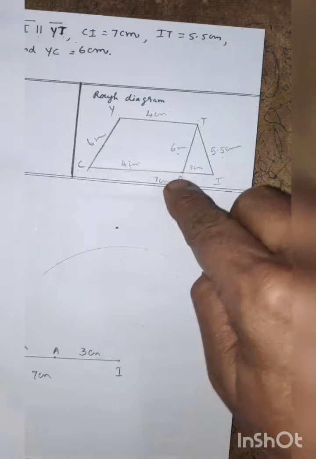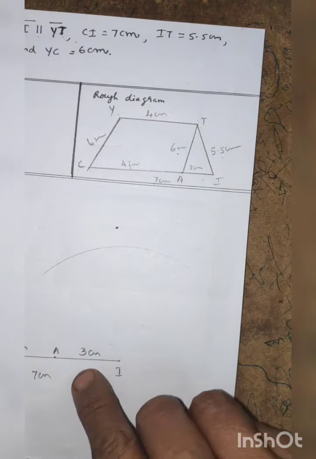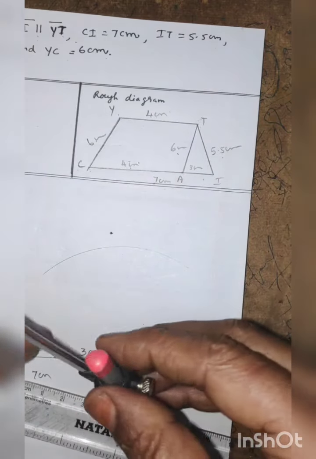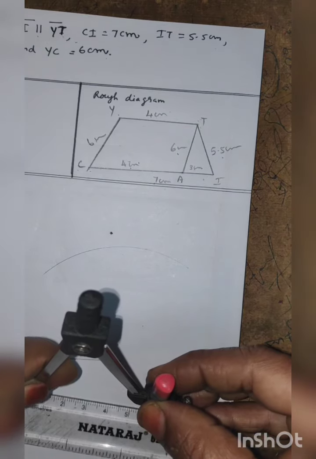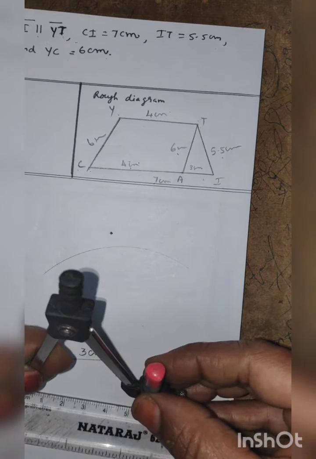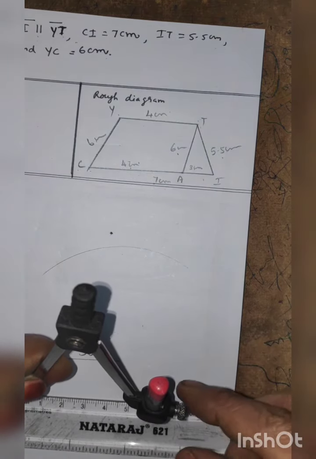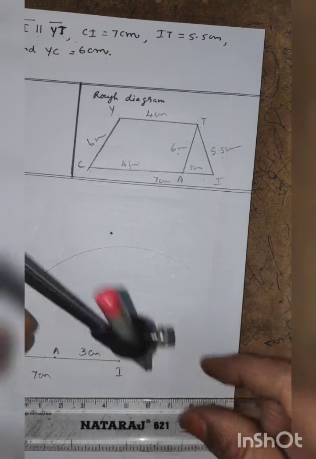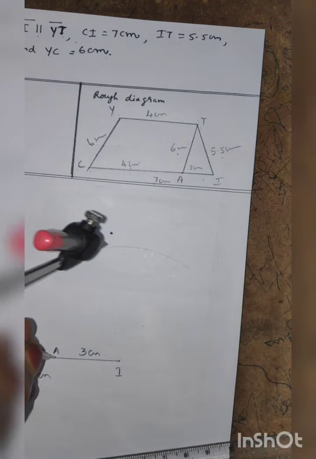Next, measure A to 6 centimeter. Inside the triangle, here 3 centimeter, marking the point, 5.5 centimeter arc cut, again 6 centimeter. Keep the compass at A and cut the arc.